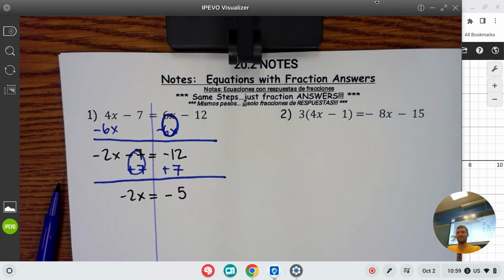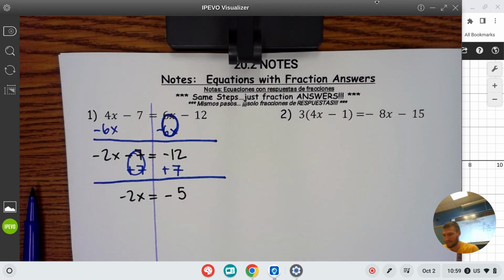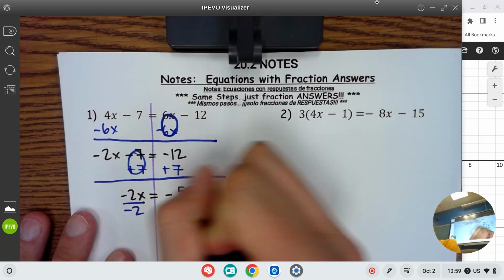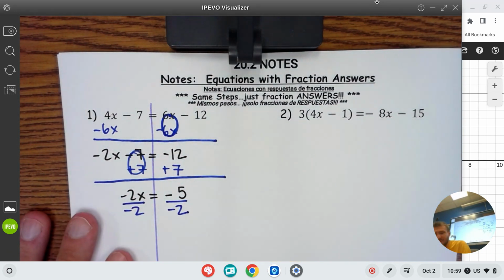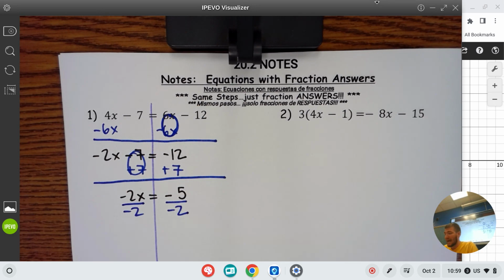And probably right about now, you're starting to think, wait a second, this is gross. This is not really working, okay? The final step of our question is always to divide by negative 2, and hopefully you're thinking, I don't like this, negative 5 on top of negative 2, ew.